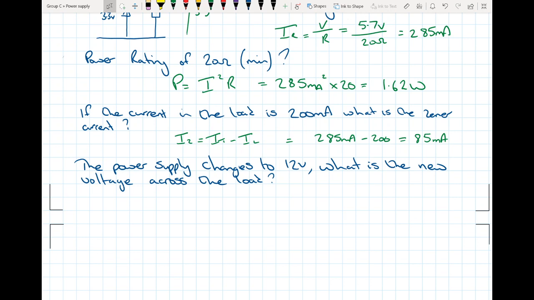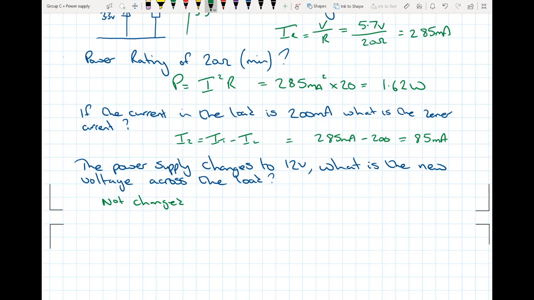Our power supply has now changed from 9 volts to 12 volts coming into the circuit. So what's the voltage across the load now? Yes, that's right, it's a bit of a trick question. It's not changed.